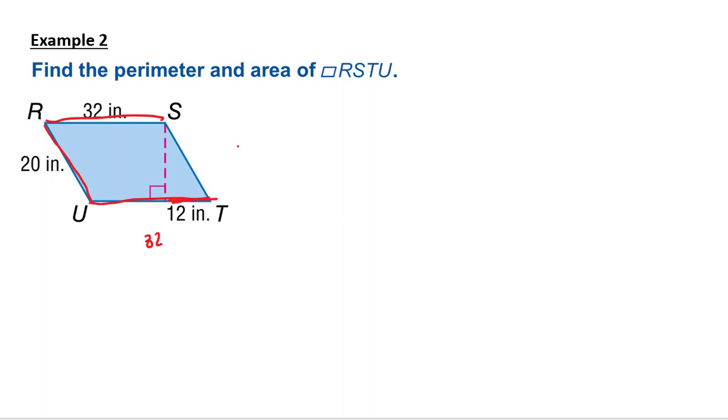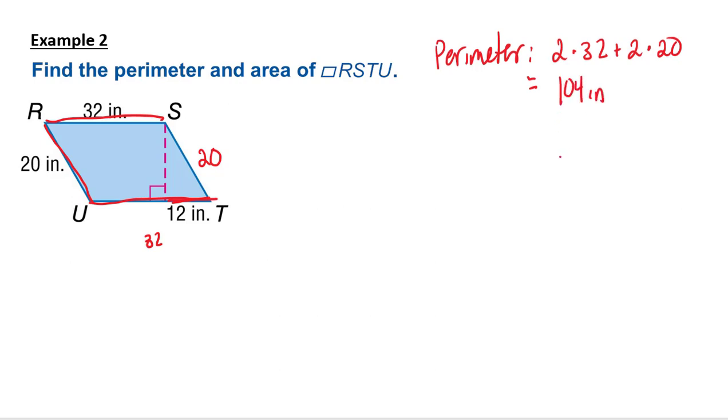This side is 20. This side is 20. So my perimeter is 2 times 32 plus 2 times 20, and that is going to equal 104 inches.